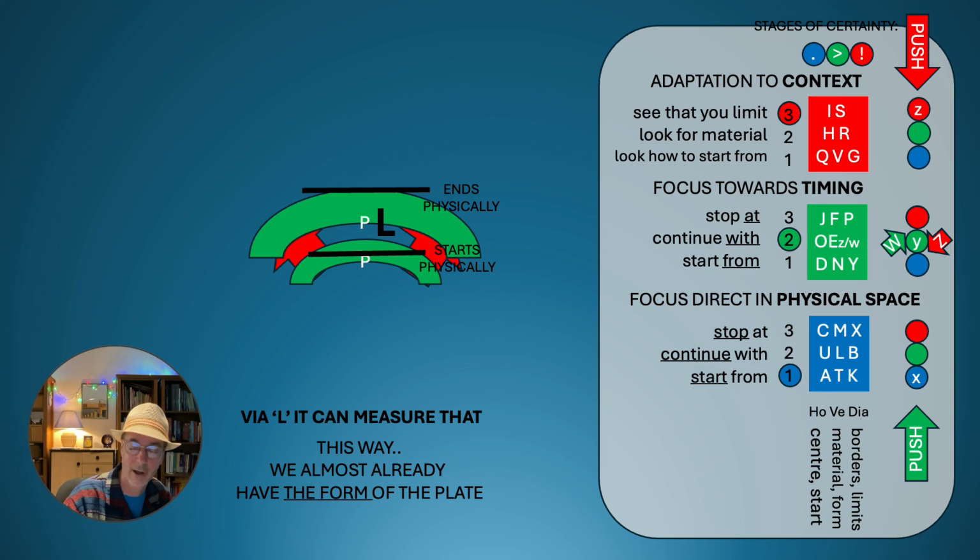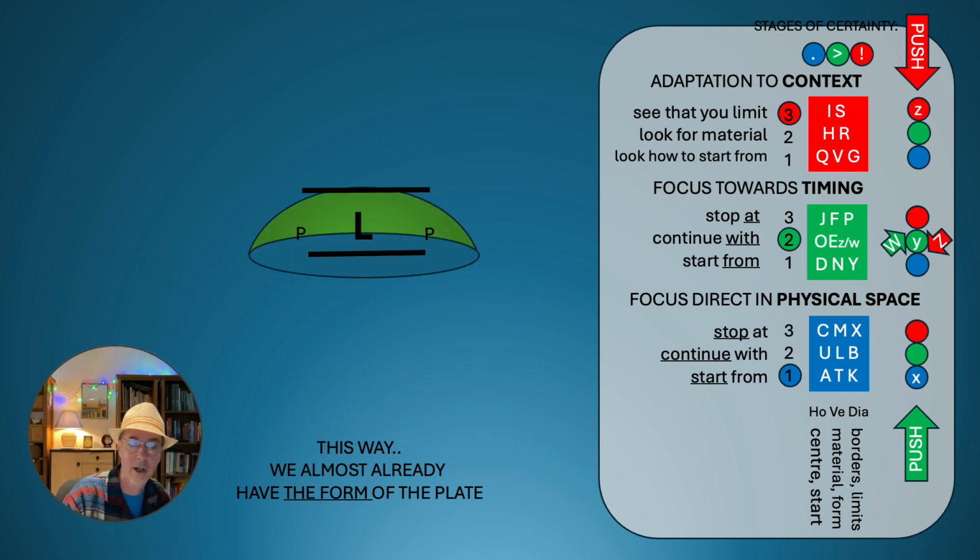So now we can have also the form of the plate, because now it's about a physical letter, a physical space that we focus upon, what is forming a material. So I can continue also with the materialistic side of this pressure, and that's what I will express. And that's how it is expressed as well.